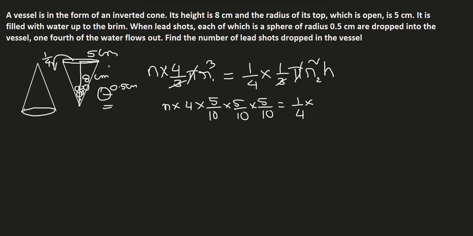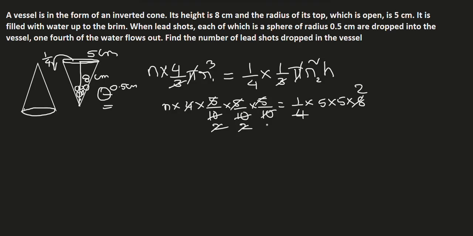The radius of this cone is 5. Square means 5 into 5. What is the height of this cone? 8. 4 2 times, 5 2 times. 2 2s are 4, 4 gets cancelled.